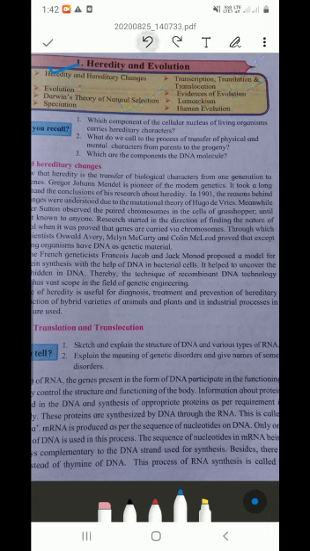But today, due to only the first part, I will tell you the first two points, that is heredity and hereditary changes, and transcription, translation and translocation.